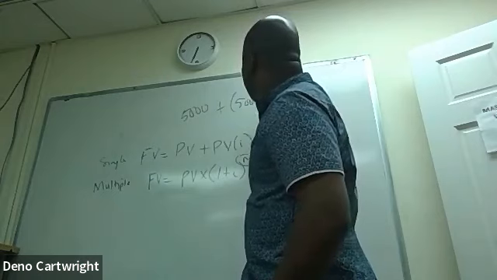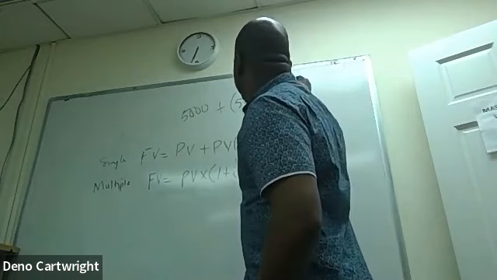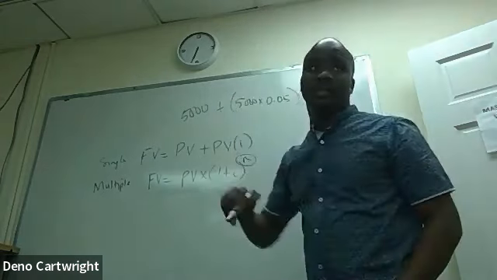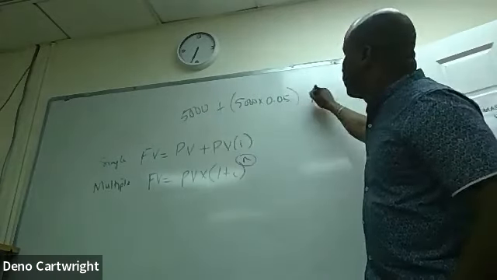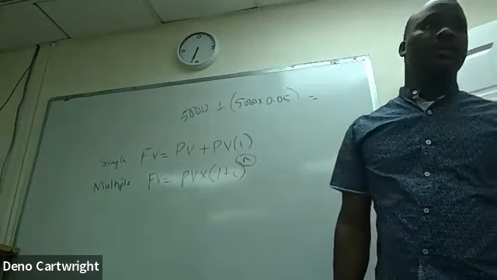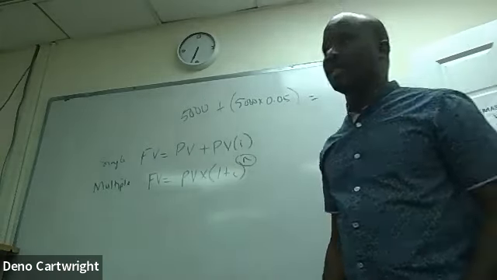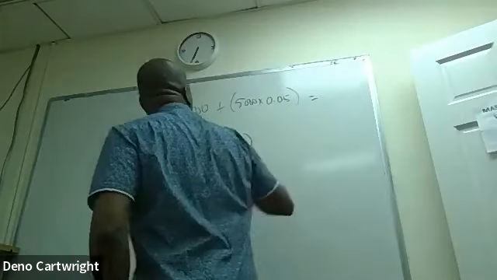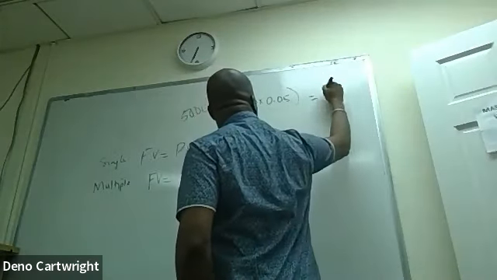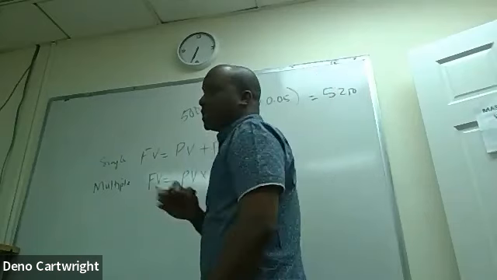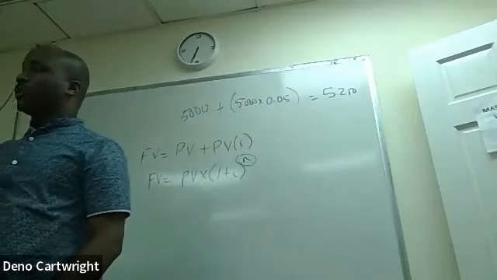Just a single period, right? If it's that, you would get what? What does your calculator say? 5,250. Right? What's another way we can write this? Short form.